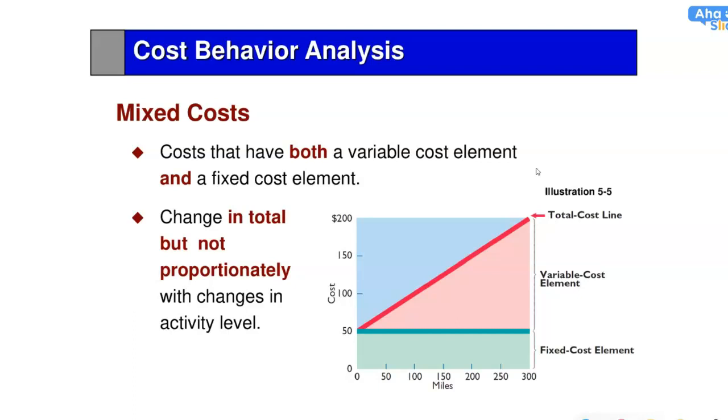So you see, a mixed cost will change. It will increase. But unlike a variable cost, the mixed cost will not change in direct proportion to changes in the level of activity. It will change, but not in proportion.